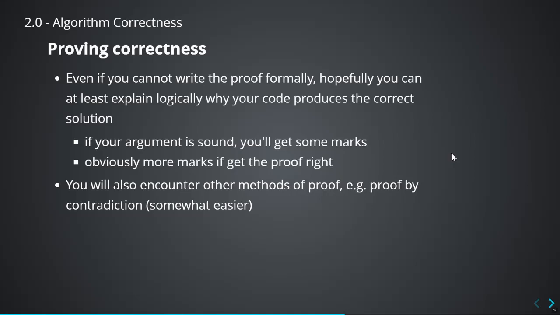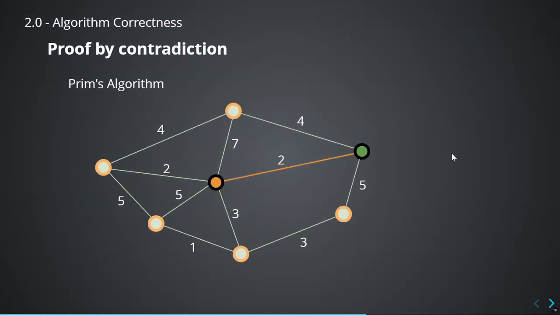Now, I talk about loop invariance and I talk about induction, but you also find other ways of proving things. For example, proof by contradiction. Hopefully you remember what Prim's algorithm is. With Prim's algorithm, you want to find the minimum spanning tree.